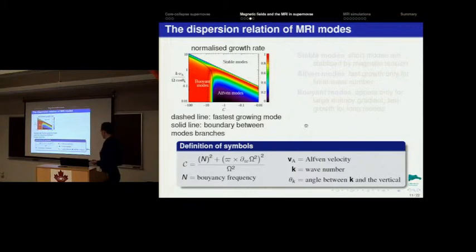Additionally, the angle between a particular mode and the rotational axis. Now, the plot a bit more in detail. This is this C, the combination of buoyancy and rotational instability.